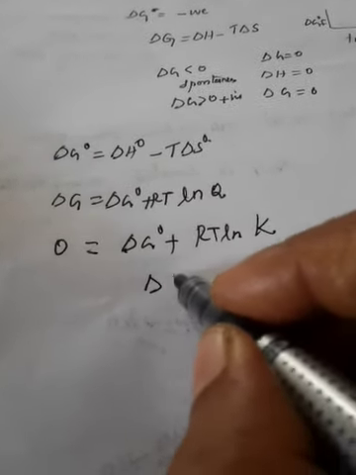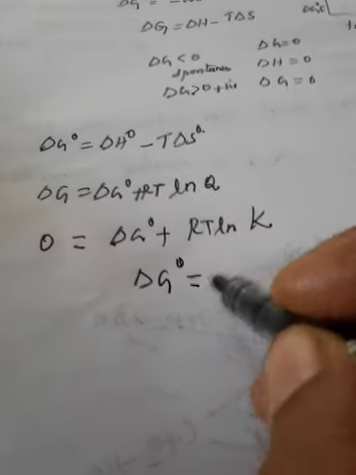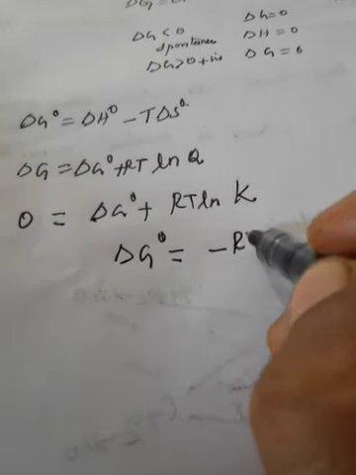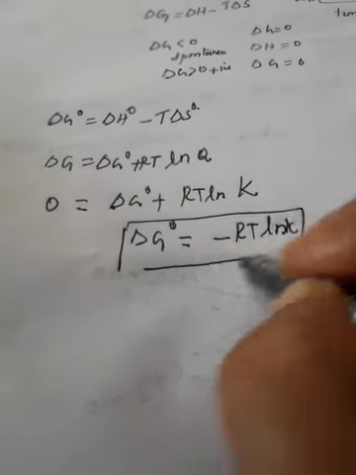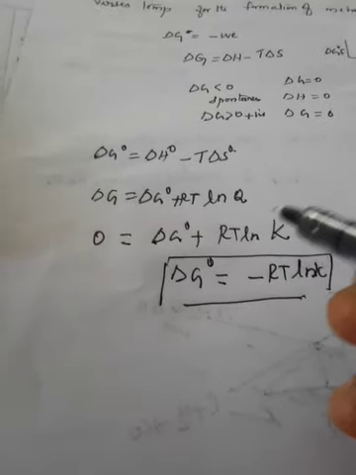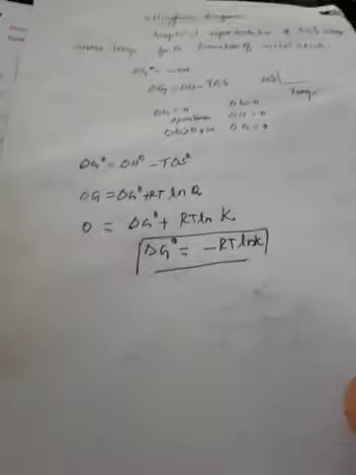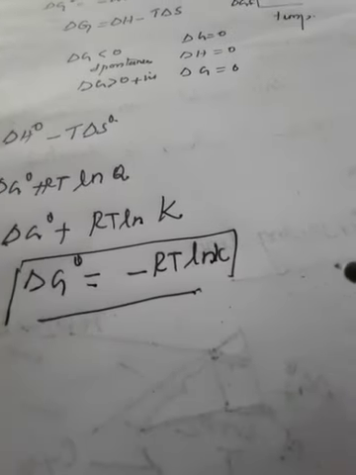So delta G naught is equal to minus RT ln K.